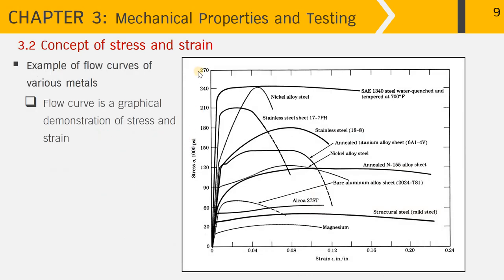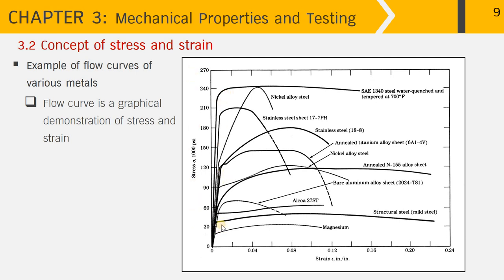And if you look at this slide, you can see that there are examples of flow curves of various metals. So you might want to know what the flow curve is. The flow curve is a graphical demonstration of stress and strain. The strain is plotted along the x-axis, while the stress is plotted along the y-axis.